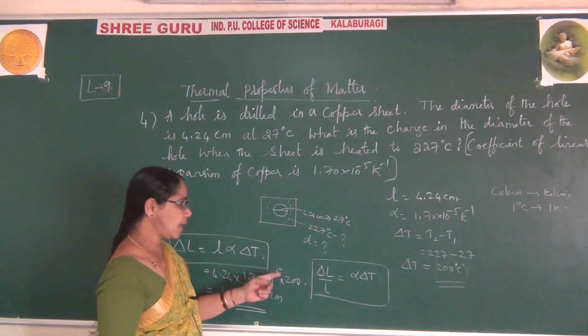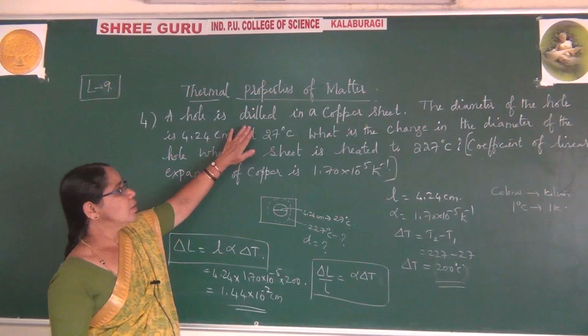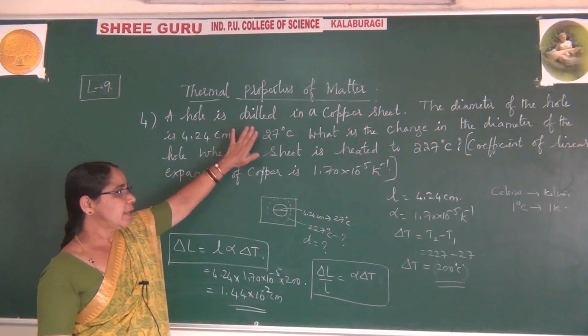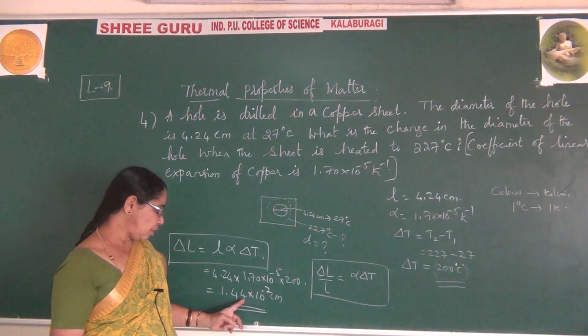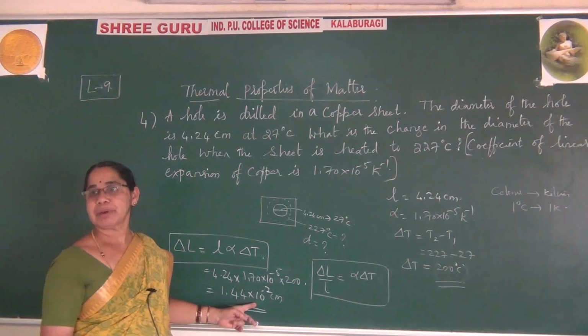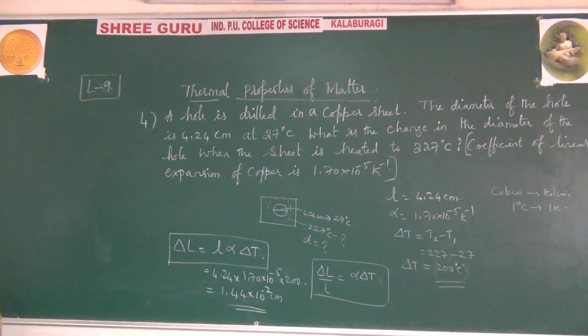This is what you can calculate for this copper sheet, which has been expanded after heating. You get the new length of 1.44 into 10 raised to minus 2 centimeter. Okay, so this is the problem based on this question.